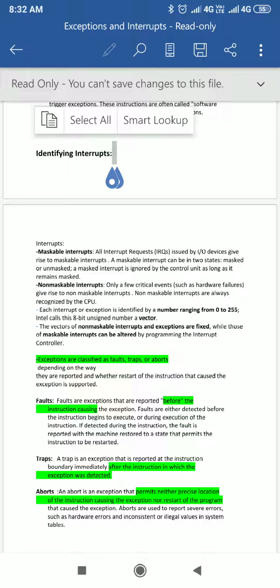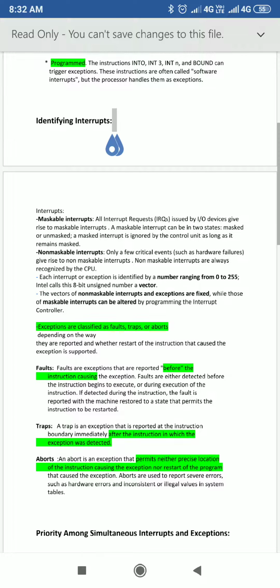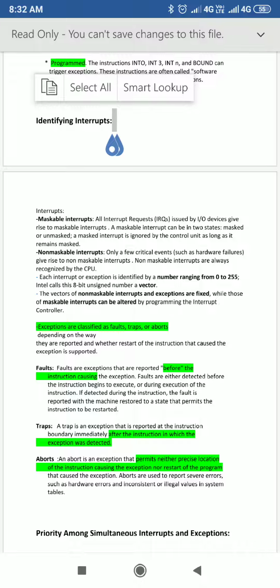Now, the second one is the INTR pin, interrupt pin. This is a maskable interrupt, which means the processor can mask this interrupt. It can be enabled and disabled using 2 instructions.